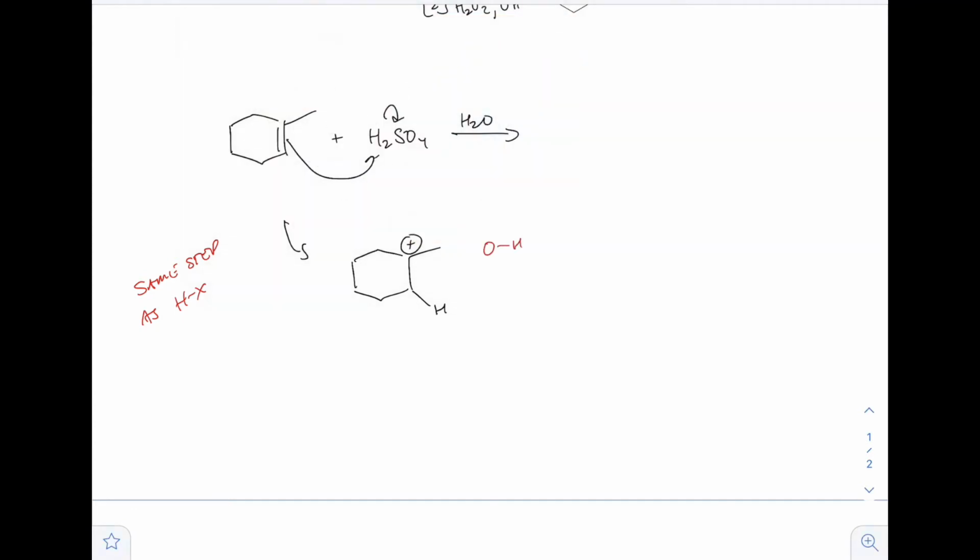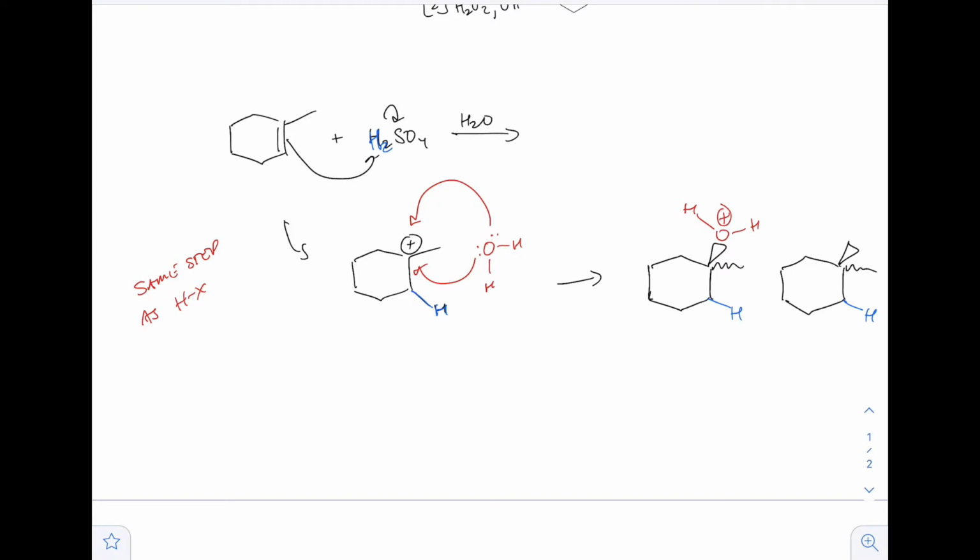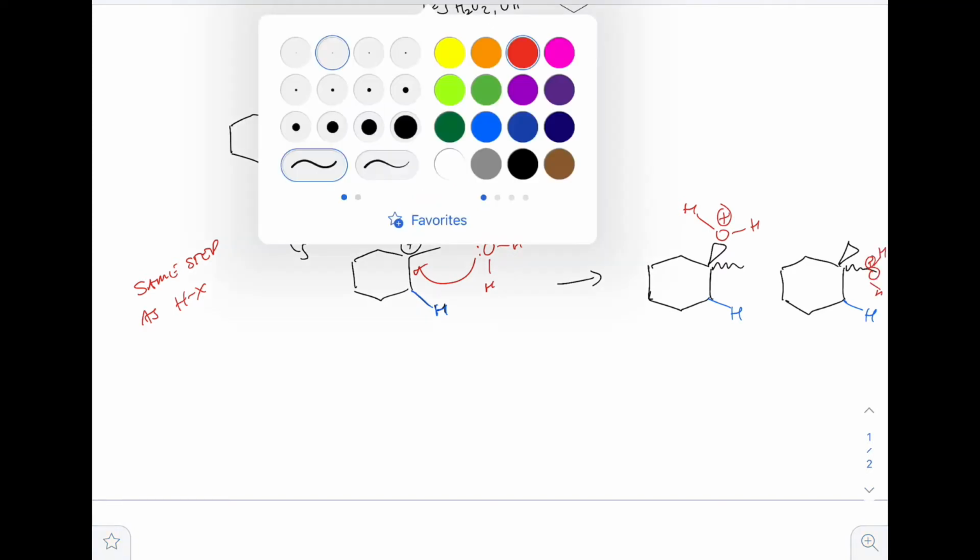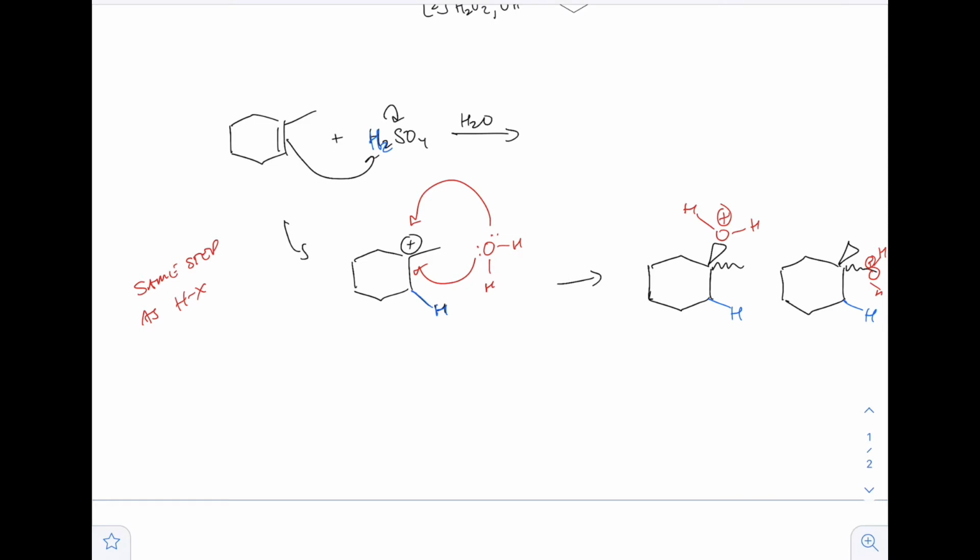And now, since we don't have a nucleophile in our conjugate base, we do have water present. That water can attack from the top or the bottom, again, just like the halogen did. Then we get an oxonium intermediate because water has those two protons on it. After the loss of the protons, the base could be either the conjugate base of sulfuric acid or water.